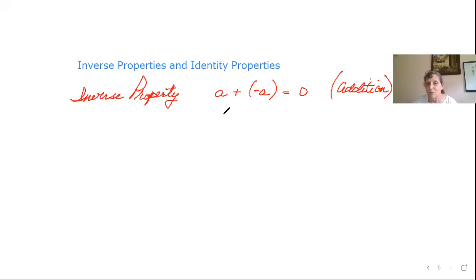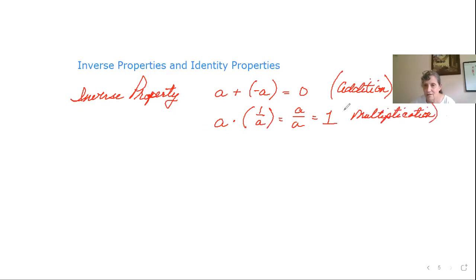Or the inverse property of multiplication says that A times 1 over A, which would equal A over A, of course, is equal to 1. So that's the inverse property for multiplication. It says that if you add opposites, A and negative A are opposites. Little vocabulary here. When you add opposites, you get 0.